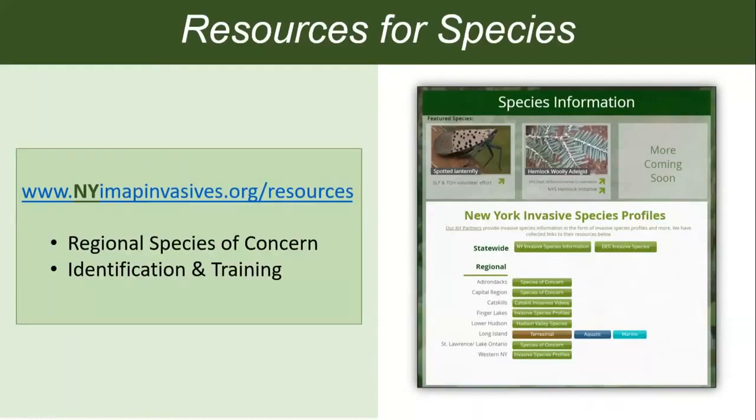You can see a screenshot on the right where we in particular highlight spotted lanternfly and Hemlock woolly Adelgid, but we also have links to invasive species profiles from partners across the state, including statewide lists, as well as invasive species identification, as well as invasive species information from the PRISMs. And below this on our webpage, you can also see some of the species identification guides that we find most useful.